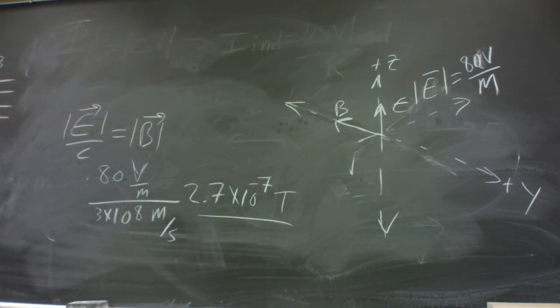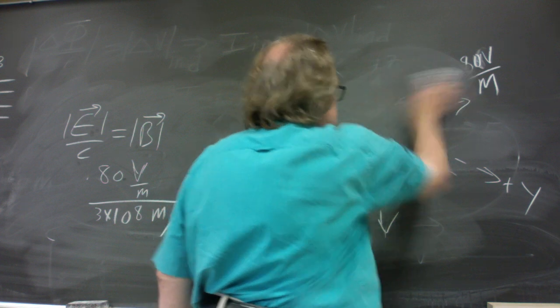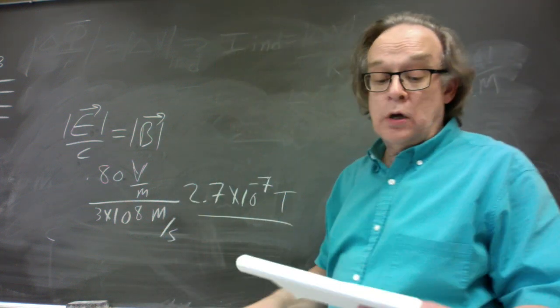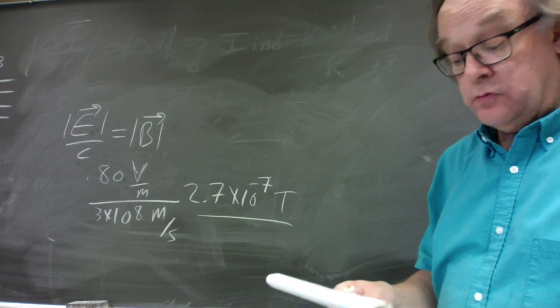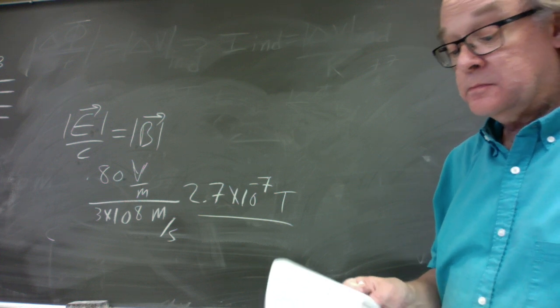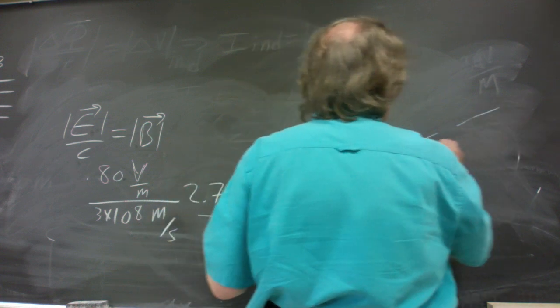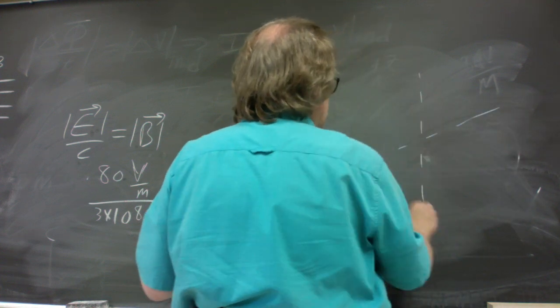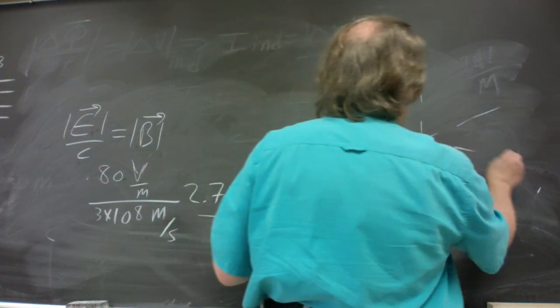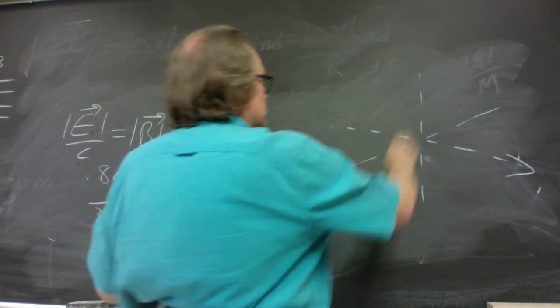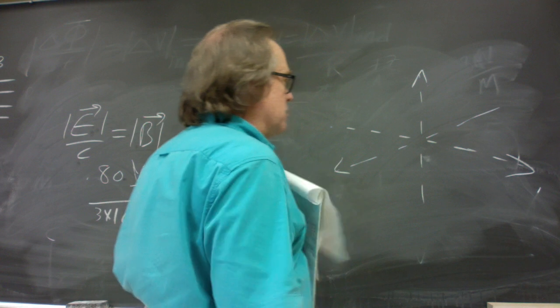Okay, let's look at just one last example here, a kind of a situation that you could not have. Let's say here's the x-axis again, and the z-axis, and then the y-axis. There's the positive y direction, positive x direction, and the positive z direction.